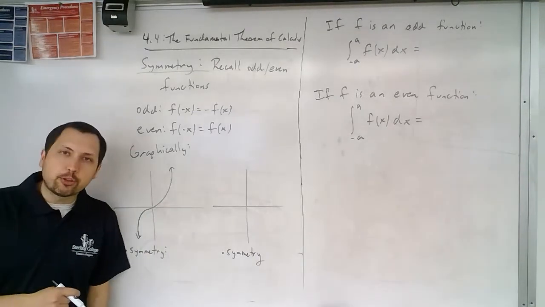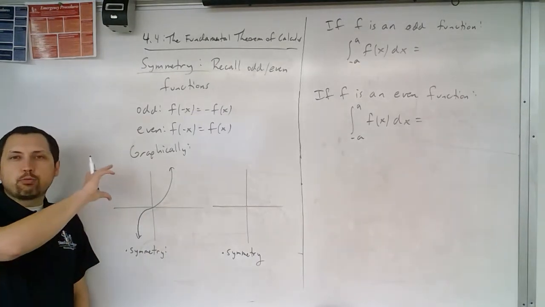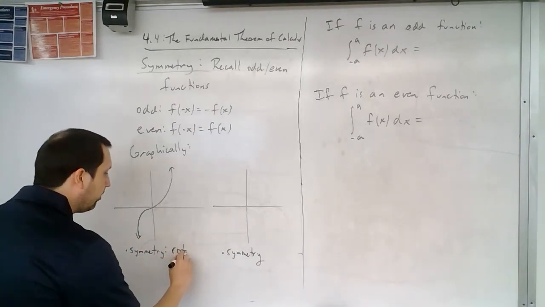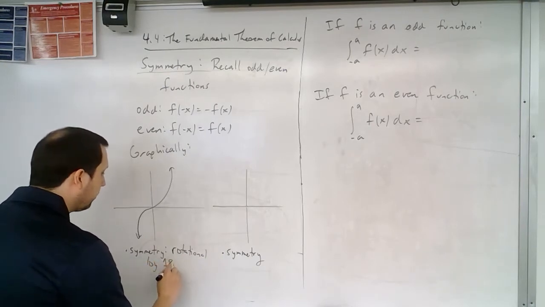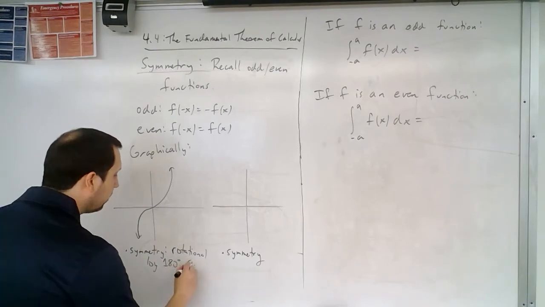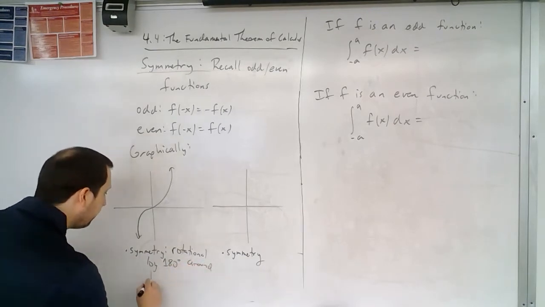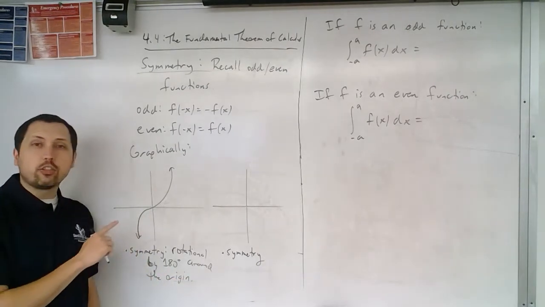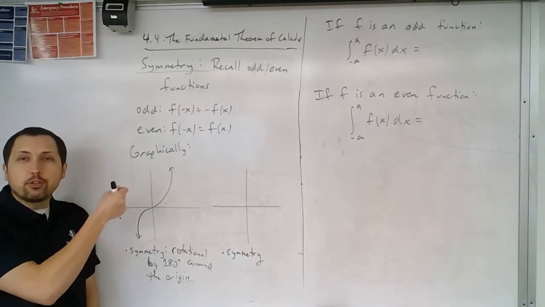The type of symmetry that we saw here had to do with rotational symmetry. So the symmetry is rotational by 180 degrees around the origin. That is one way to visualize odd.